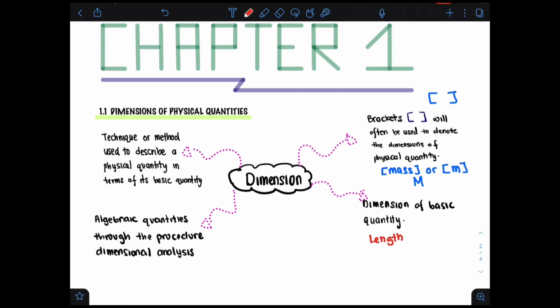So let's say if I want to write the dimension for length, I can either write length with a bracket or bracket L, small l, or I can simply write the symbol L as my dimension.